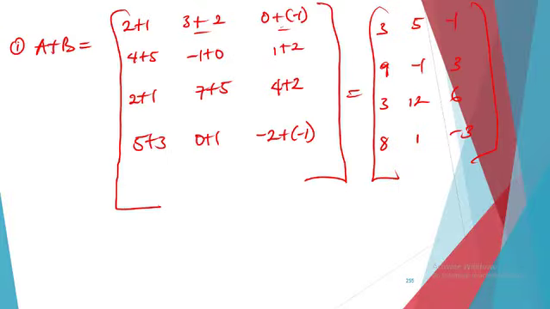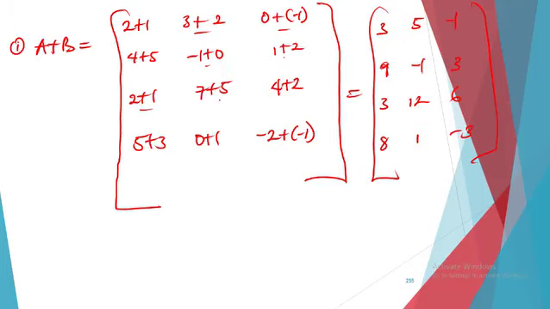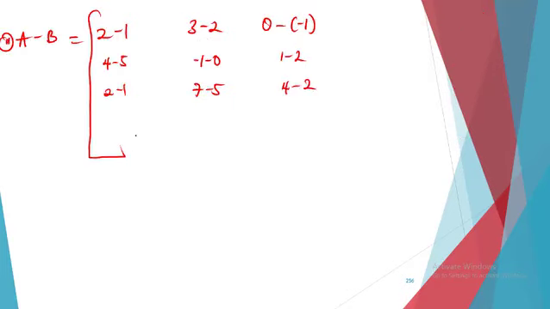So we then have 2 minus 1, 3 minus 2, 0 minus minus 1, 4 minus 5, minus 1 minus 0, 1 minus 2, 2 minus 1, 7 minus 5, 4 minus 2, 5 minus 3, 0 minus 1, and minus 2 minus minus 1. Close this. Then what would this give us?